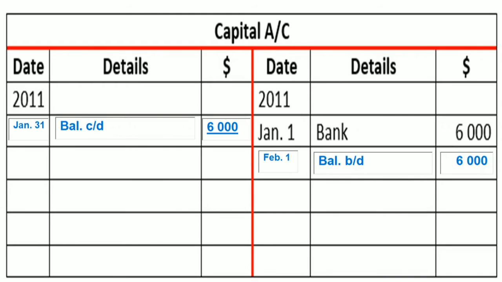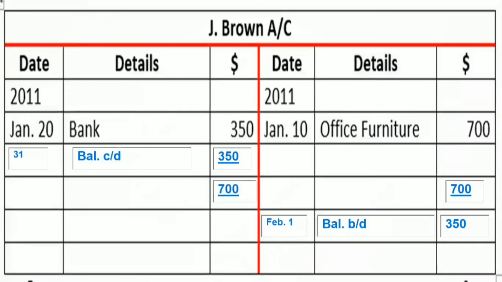Apart from that, capital account based on double entry rule increases on the credit side. So therefore, the capital account carries a credit balance. Now, in terms of debit and credit balance, you'll find this knowledge coming out when you're doing your trial balance just the same.